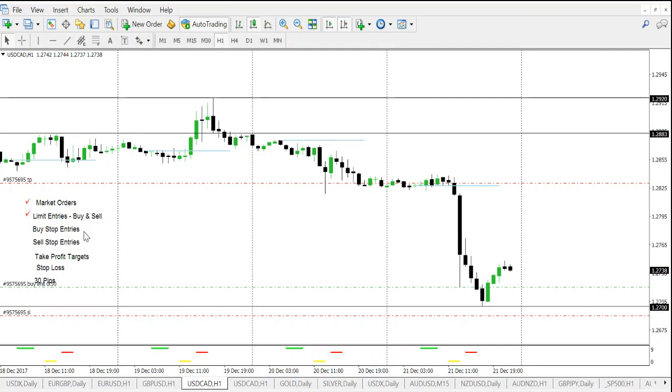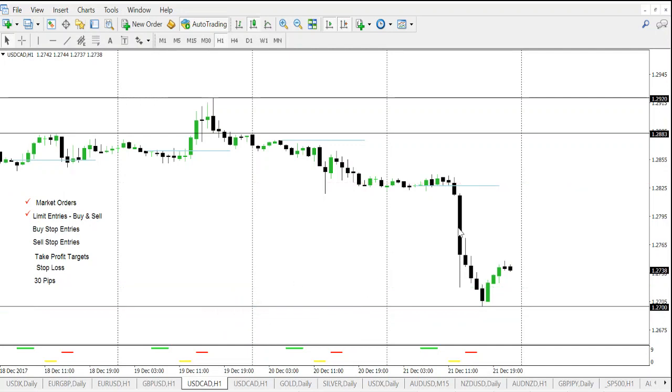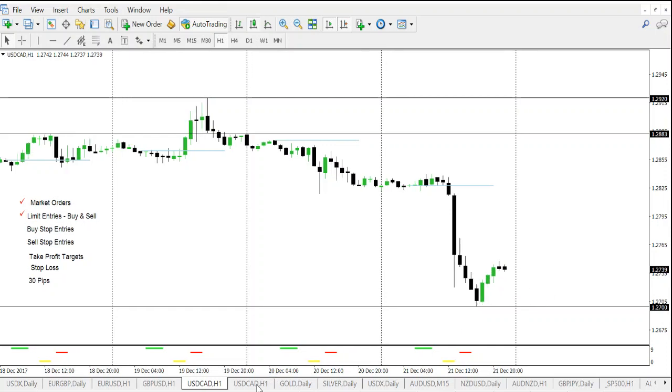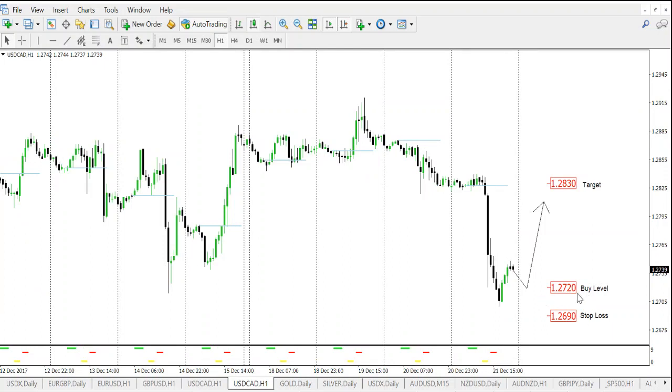Next is a buy stop entry. So this is a little bit different. I'm just going to close this because we don't need that. So if price, let's say for example, comes down here to our buy level, which was 127.20, and we want more confirmation that it's going to actually continue to go up.